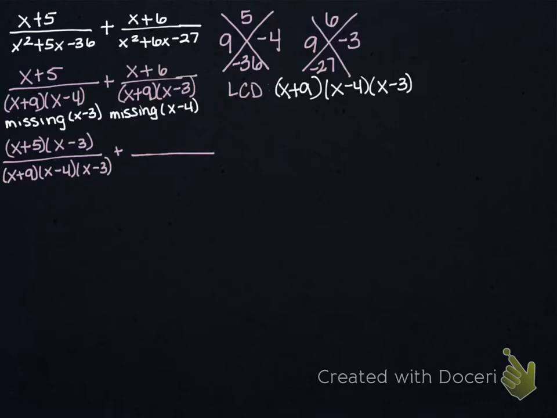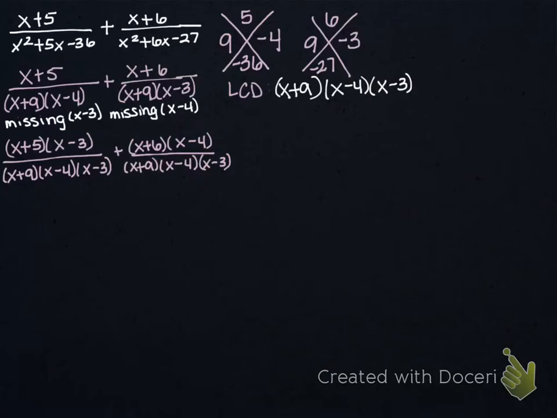This one we said was missing x minus 4, and the numerator was x plus 6. x minus 4, and then I need to rewrite the denominator with the x minus 4. So I have x plus 9, x minus 4, and x minus 3.